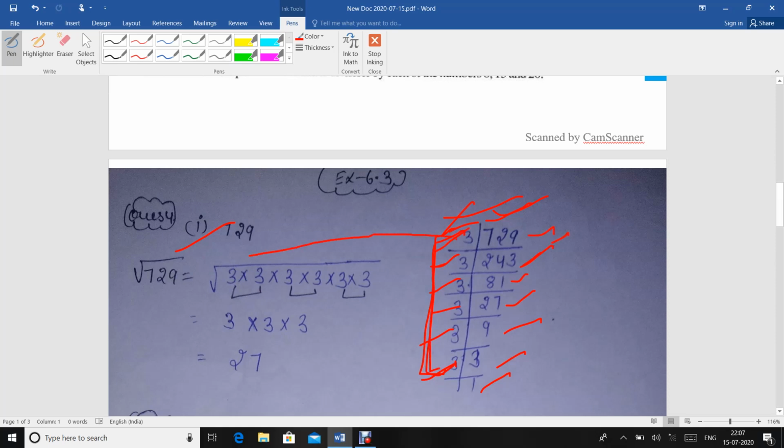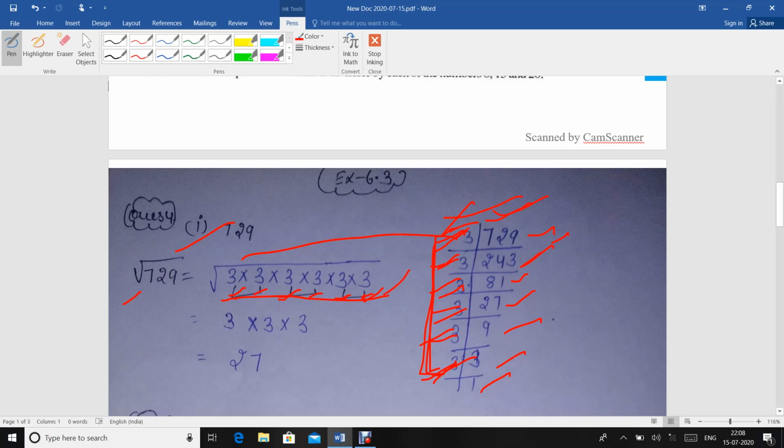Here is 3, six times. We have to find the square root of 729. The prime factorization of 729 is 3 multiplied by 3 multiplied by 3 multiplied by 3 multiplied by 3 multiplied by 3. Also, we have to put the sign of square root on this prime factorization.